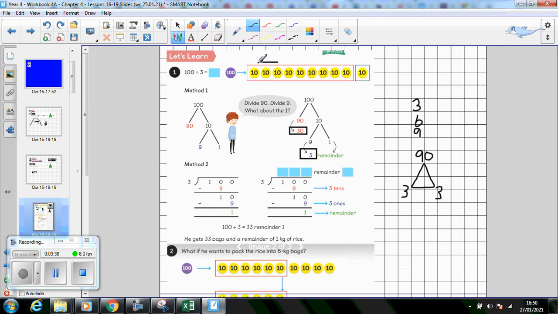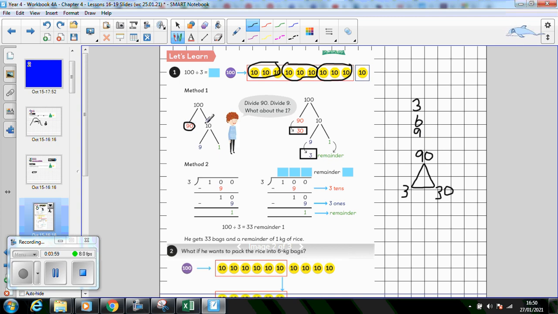If I were to make that into groups of 3, how many groups of 3 have I got in 90? I have got 3 groups of 3 tens in 90. So 3 times 30 is 90. So that's this 90 here.